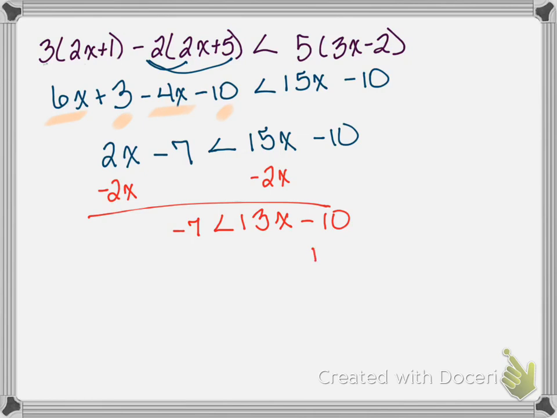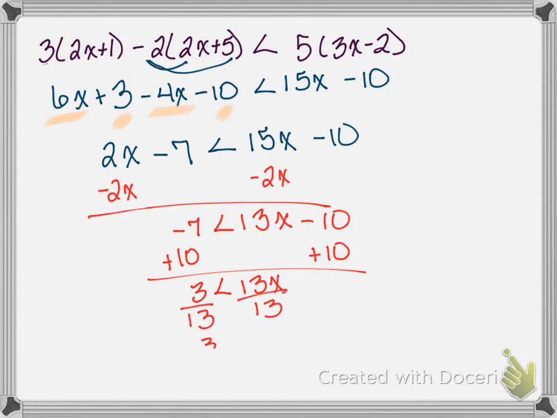However, when I add 10 to both sides, I end up with 3 is less than 13x. I divide both sides by 13. And the answer that I get is 3 over 13 is less than x. 3 over 13 is less than x is a correct answer.